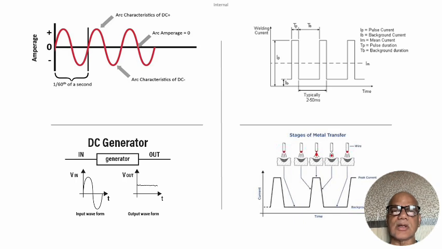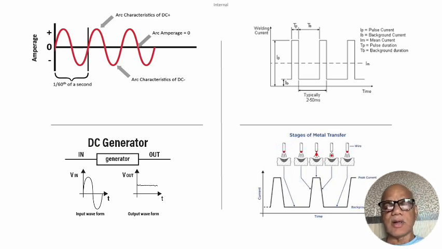It's not a simple arithmetic average, because the duration here is small, and you can do exactly the reverse. The peak can have a larger duration and the background a smaller duration. The whole idea is that, depending on the type of material, type of wire, and type of process you are using, we want during each pulse one droplet of liquid metal to get detached from the wire and transferred onto the weld metal.